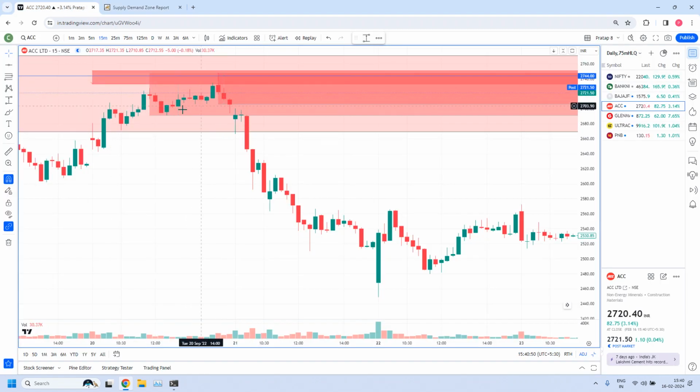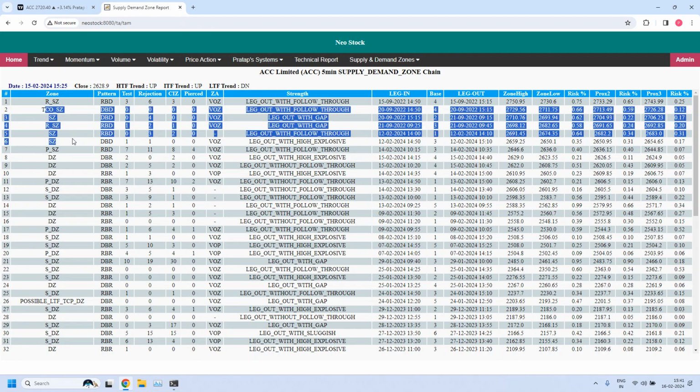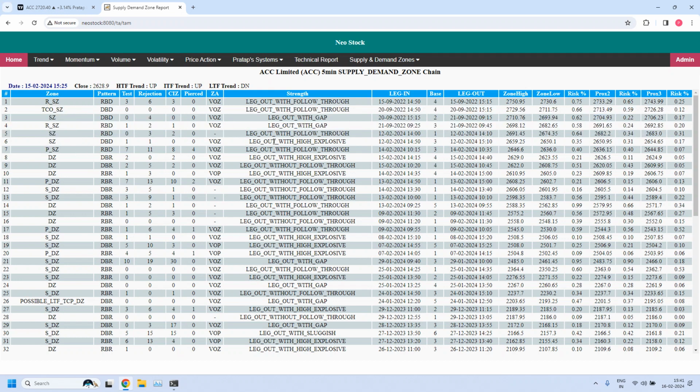So let us look above 2691. See here, we have supply zones. 7 supply zones are there, but inside that 75-minute and 15-minute zone, if you look at the zone low of 2691, we can't take this, this is 2674.